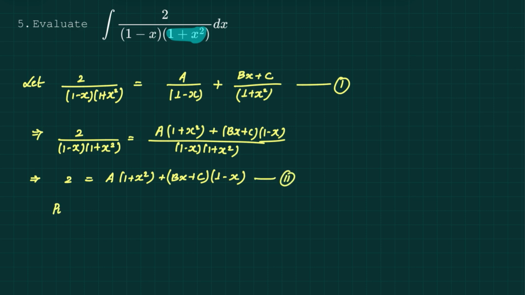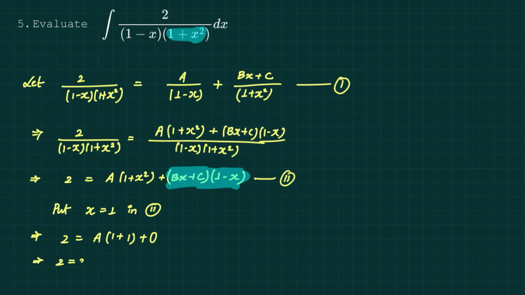So at first let us put x equals to 1 in equation 2. On doing so, we have 2 equals to a into 1 plus 1 square is 1, plus this second term will be 0, because if I put the value of x as 1 here, this will be 0. So due to which this entire term will be 0. So this implies 2 equals to 2a, and hence a equals to 1.